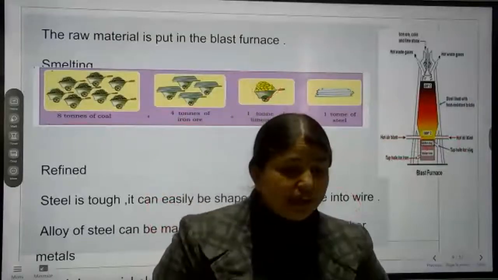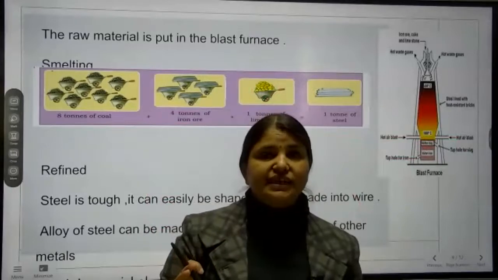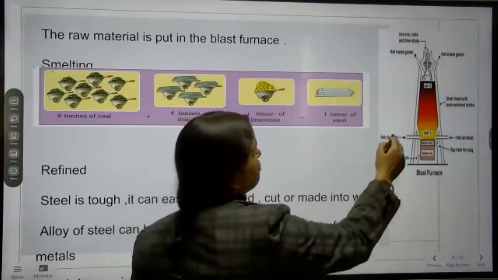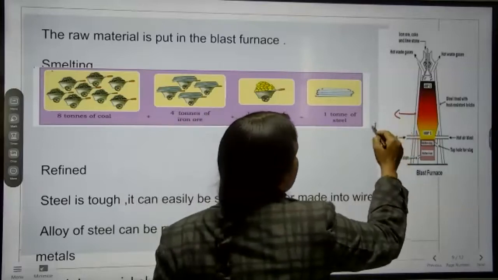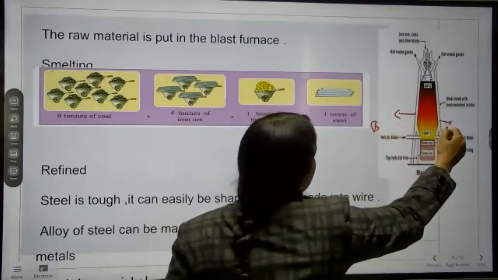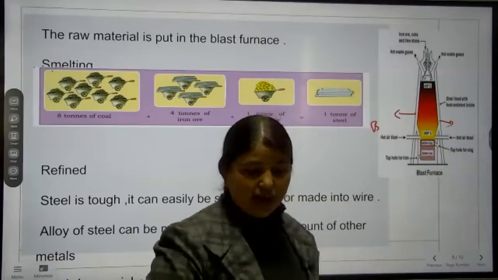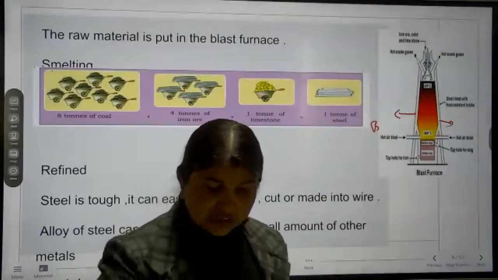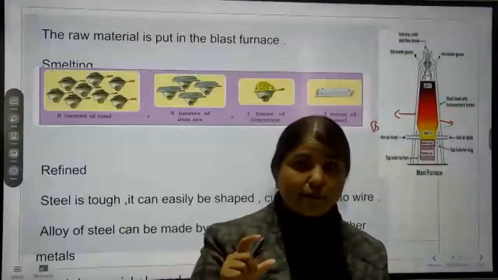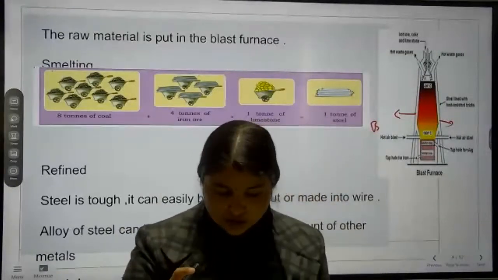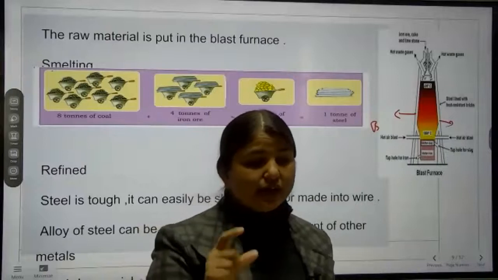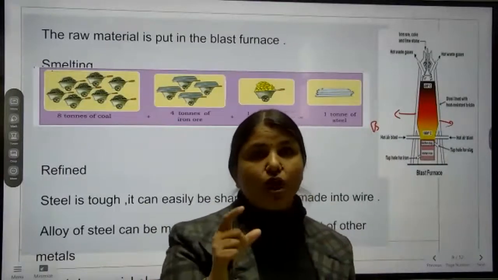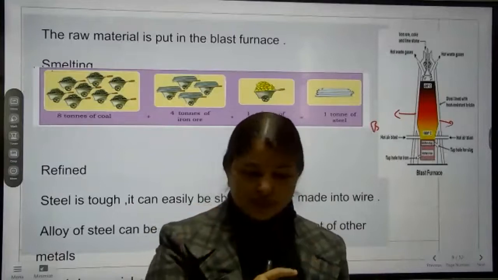So we can say blast furnace is a type of process, and you will see the outer layer of the blast furnace is made of brick, which has the capacity to bear up to 1000 degrees Celsius temperature. वो लोग मतलब tolerate कर सकते हैं 2000 degree Celsius तक को भी अपने अंदर.